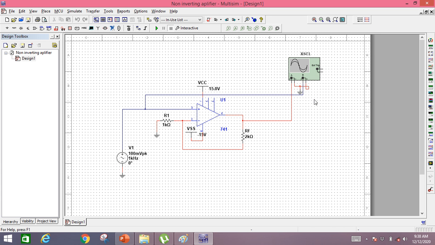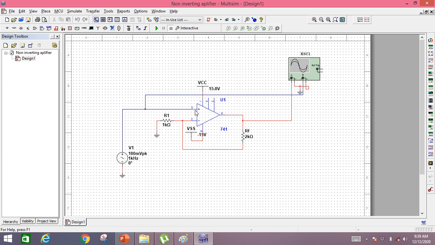This was the circuit diagram of the non-inverting voltage amplifier, because here we had applied the input signal to the non-inverting terminal of the op-amp. Now we will make some changes in this circuit and make an inverting voltage amplifier.